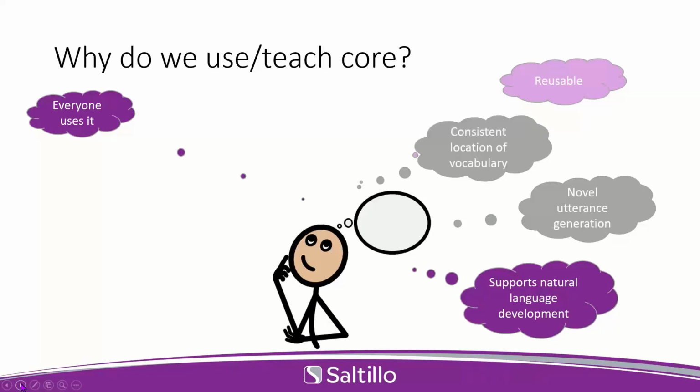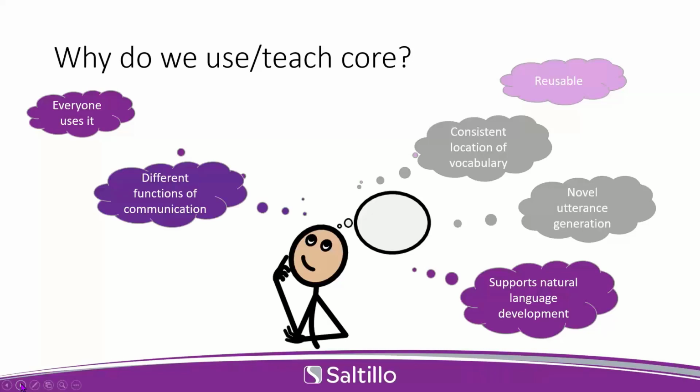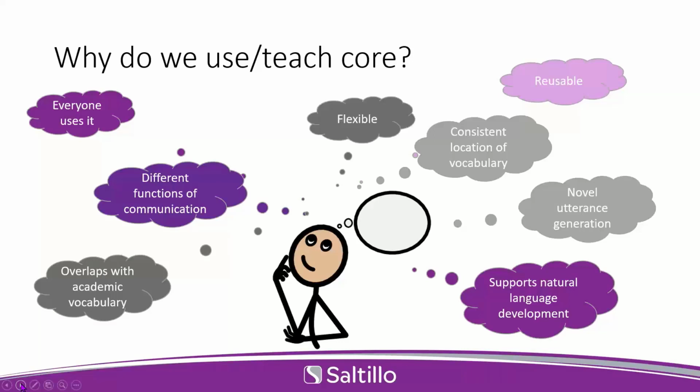It allows expression of a variety of communicative functions. It has consistent location of vocabulary and overlaps with academic core vocabulary and literacy. Okay, so it's really important to use and teach core with any AAC system.